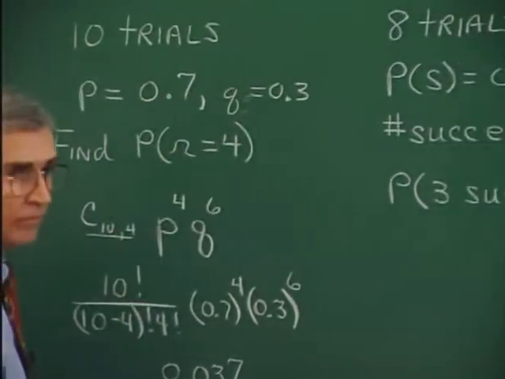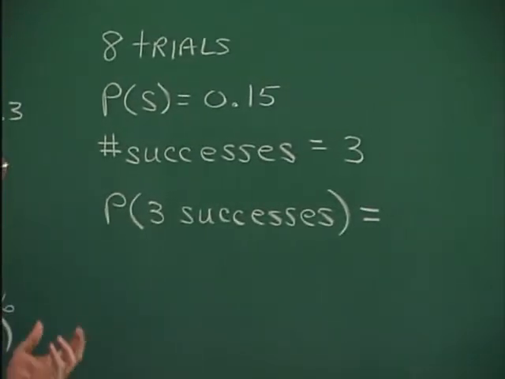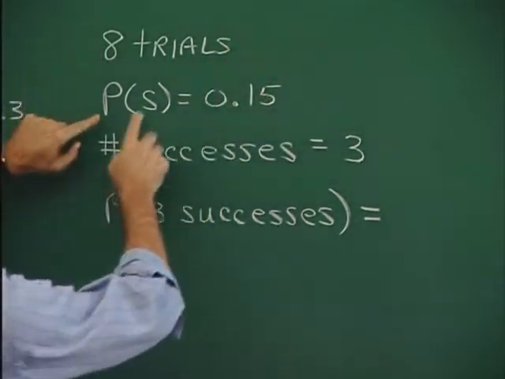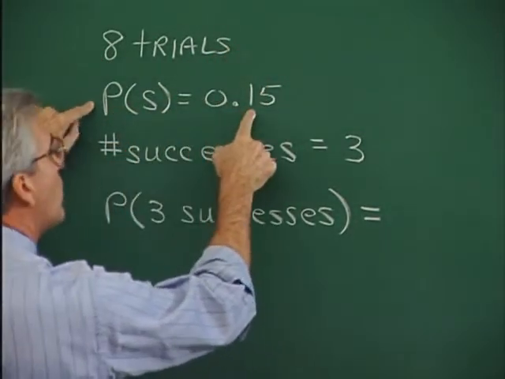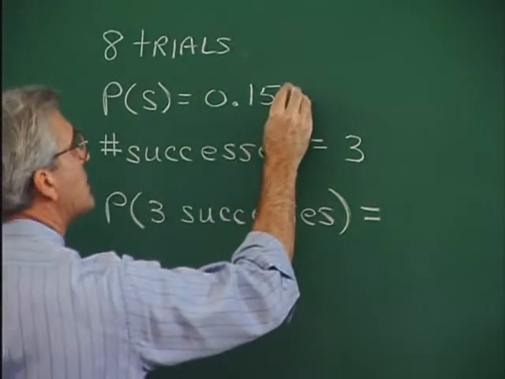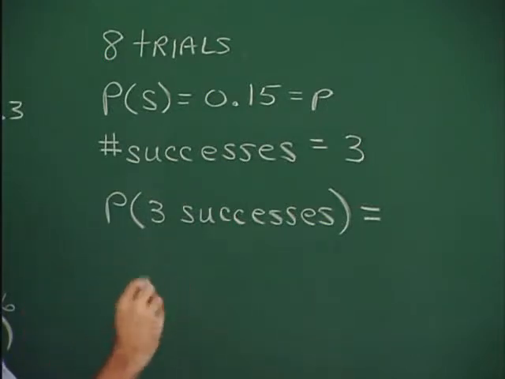Here's another one. Same idea, a little bit different notation, and that's what we want to make sure we're comfortable with. 8 trials here, so n equals 8. The probability of success is 0.15. The probability of success is the same thing as lowercase p. What about the probability of failure, the Q value?